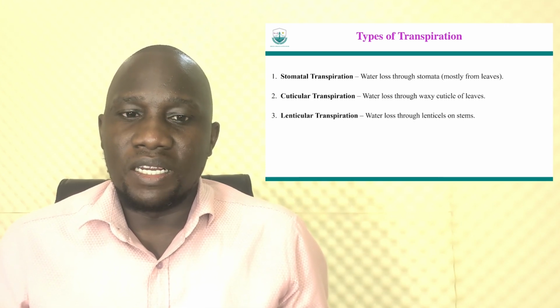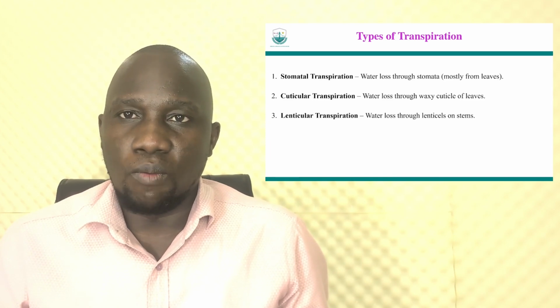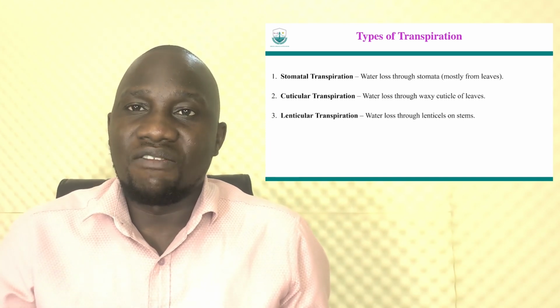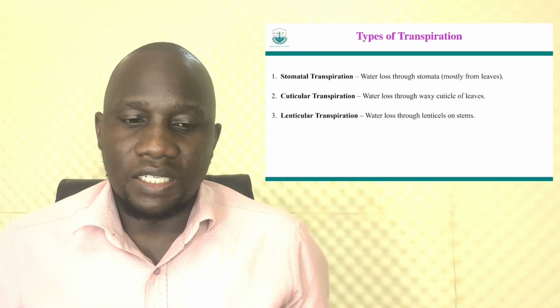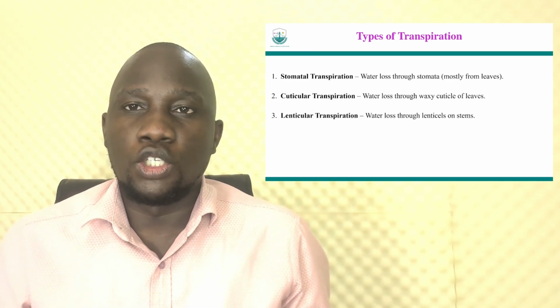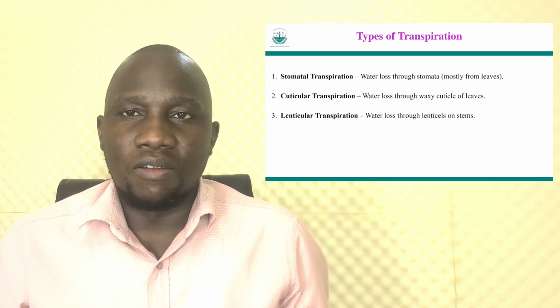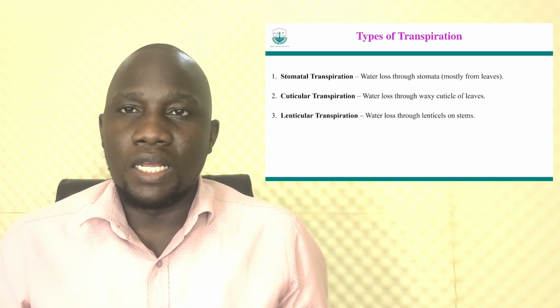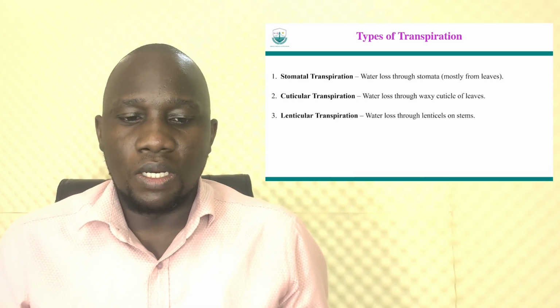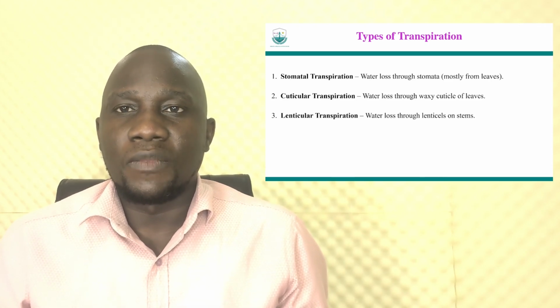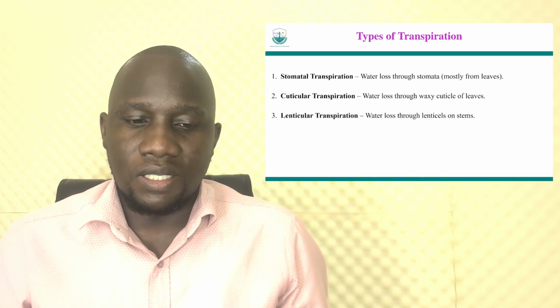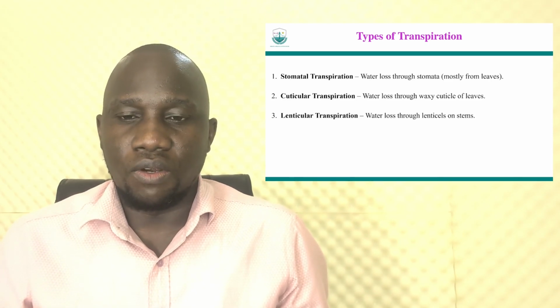If the water vapor is lost through the stomata, it is stomatal. If it is through the surface of the leaf, that is cuticular, because the cuticle is what covers the surface of these leaves. And then we have holes on woody plants that we call the lenticels. So that is what is termed lenticular transpiration.